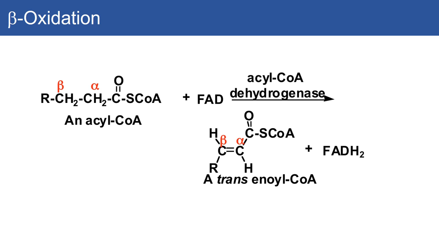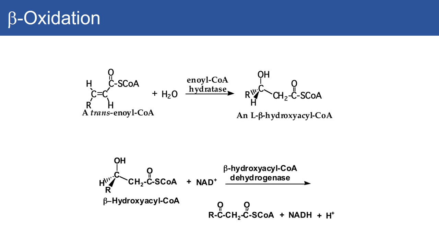The second step, we're going to have an oxidation by FAD of the carbon-carbon single bond. We're going to make it a carbon-carbon double bond. So what you're going to end up with is a trans-enoyl-CoA. This is done by an acyl-CoA dehydrogenase. So that's the second step. Reaction 3 is we're going to do a hydration reaction of that carbon double bond to give an alcohol.